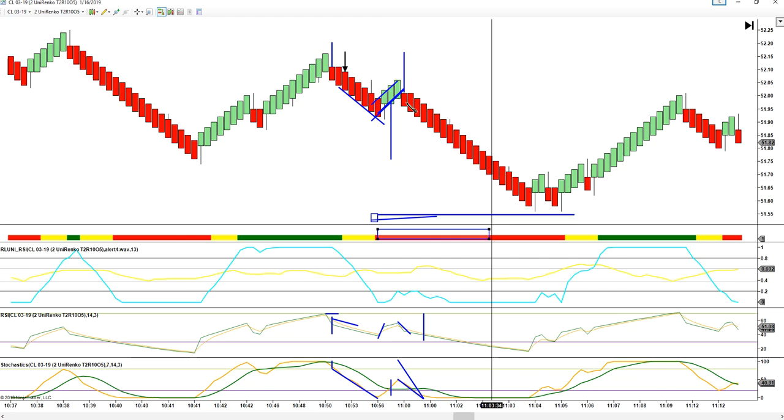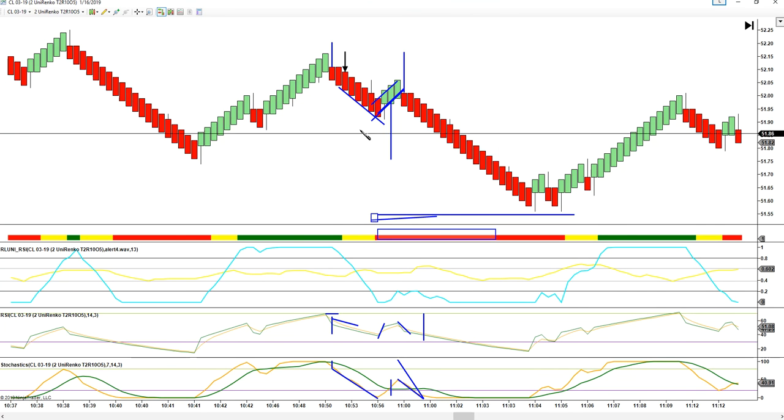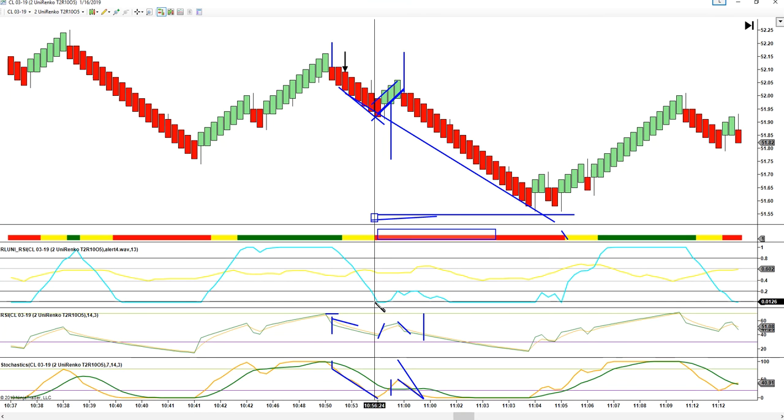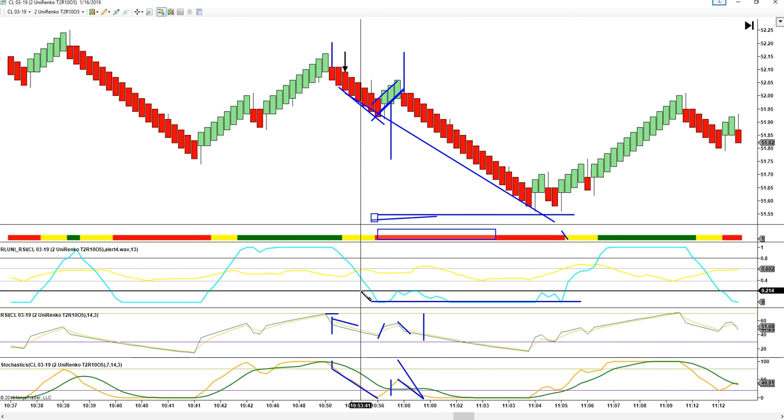You don't need a re-entry signal because you should have never left the trade. You should have gone short here and taken it all the way down, as long as the Laguerre line is locked short. And you can see it's locked short all the way through here. It stays below the 20 line.